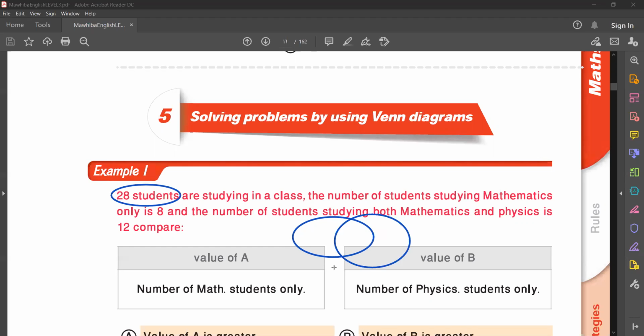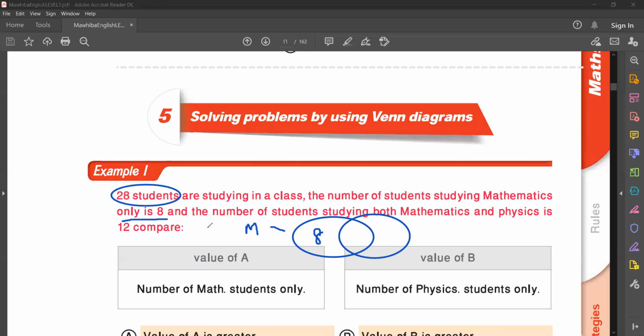So we have physics also, and we compare between value A and value B. Now we write here what he said: students studying mathematics is 8, so you write 8 here. This is math.